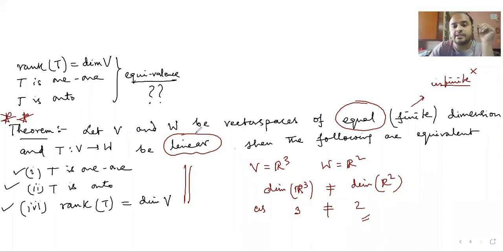That's why I always ask you to read from good books. In good books, maybe fewer problems are solved, but they are very careful about stating the definitions, theorems, corollaries, and results.